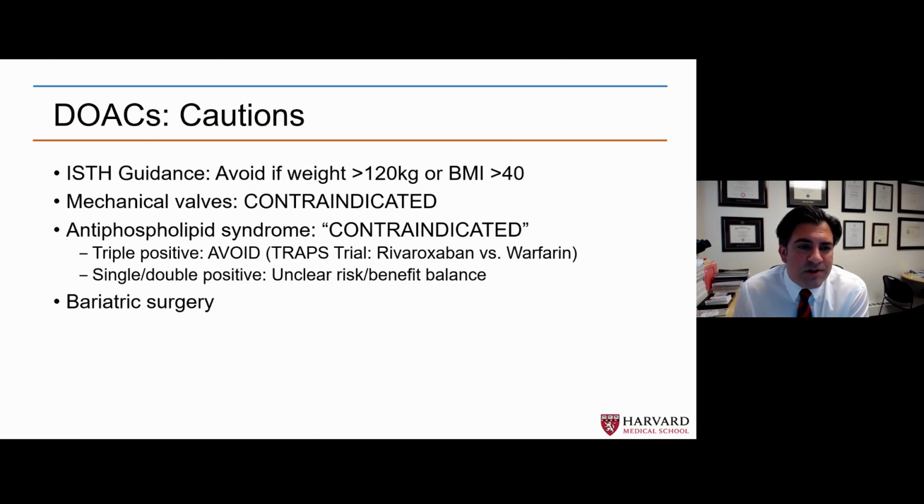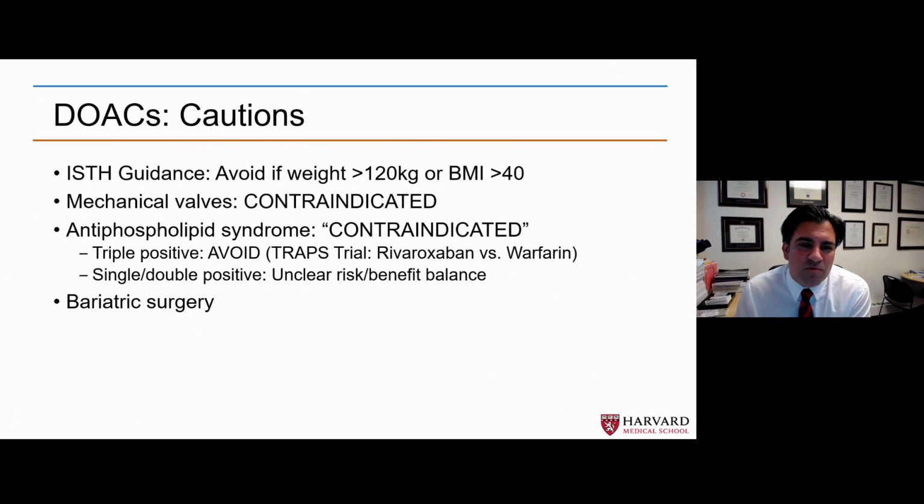There are some cautions with the direct oral anticoagulants. The International Society on Thrombosis and Hemostasis recommends avoiding DOACs if you have a weight greater than 120 kilograms or BMI greater than 40. And that's because patients in these weight ranges were not well represented in the clinical trials.